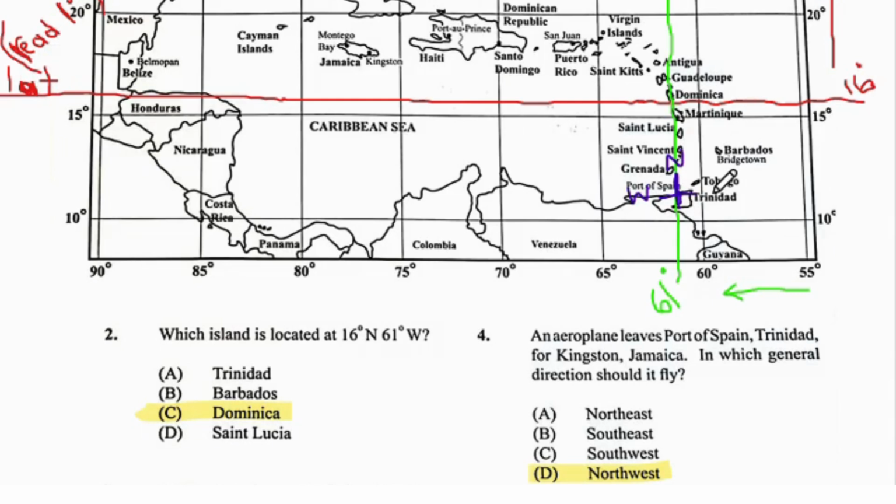Now the next step is we're going to draw a straight line. That is the path that we're going to take to get to our destination, which is Kingston, Jamaica. And use your ruler, please. I cannot use a ruler here. So from the center of the compass, you're going to draw a straight line to connect to the point of destination.